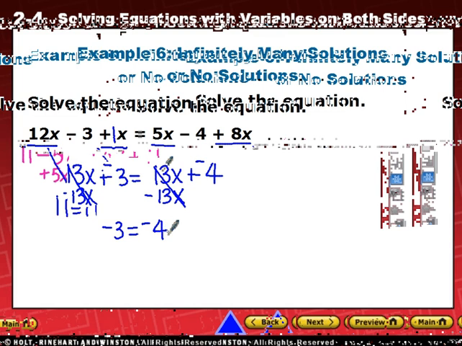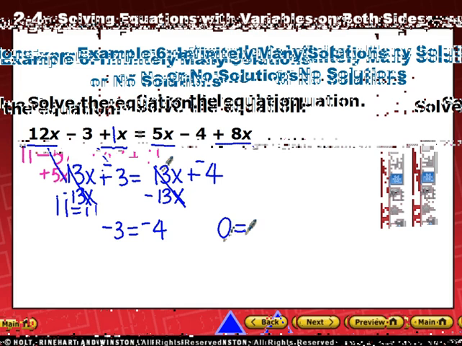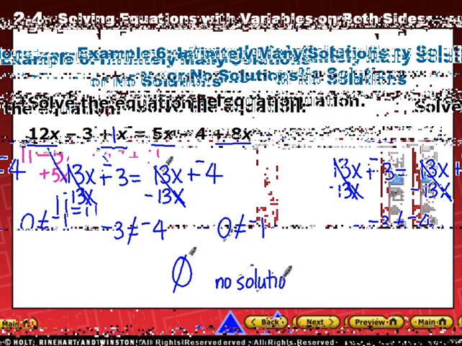If you somehow did this and got 0 equals negative 1, that's still false. So there's no variables left, and what's left at the end is not true. Those are not equal. So at the bottom, we would just write no solution. You can write it in words if you prefer. I like the 0 with the slash through it, and you can also use the empty braces.